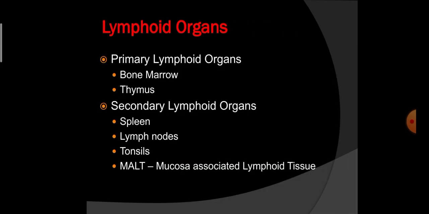Okay. Next is secondary lymphoid organs. Secondary lymphoid organs are the spleen, lymph nodes, tonsils and MALT. MALT is also called mucosa associated lymphoid tissue. We'll see them one by one. Spleen, you might have studied a little bit about in your junior classes.